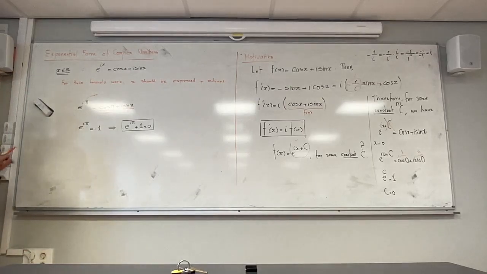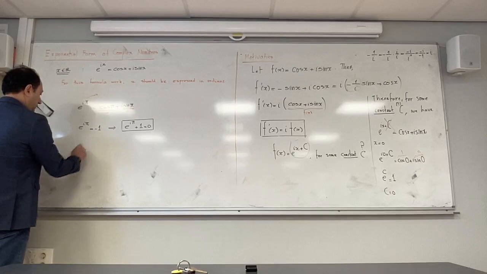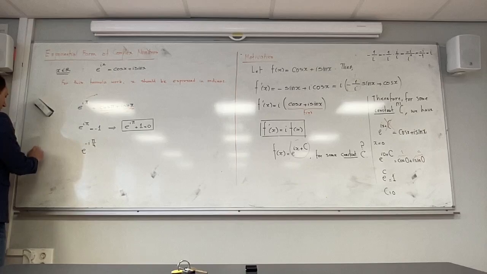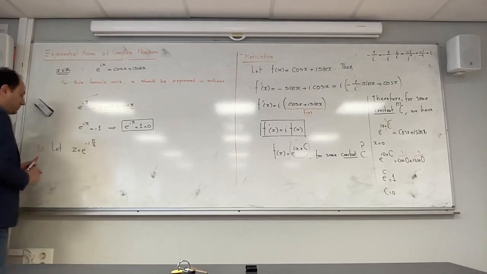Okay. For example, let me ask you to calculate this, e to the power of minus i pi over 4. My question for you is to calculate, so let me write this example. Example: let the complex number z be like this.